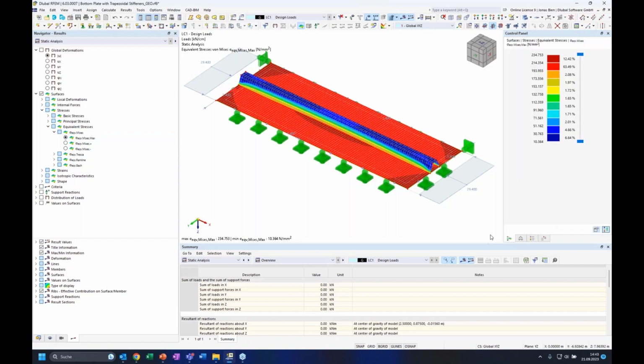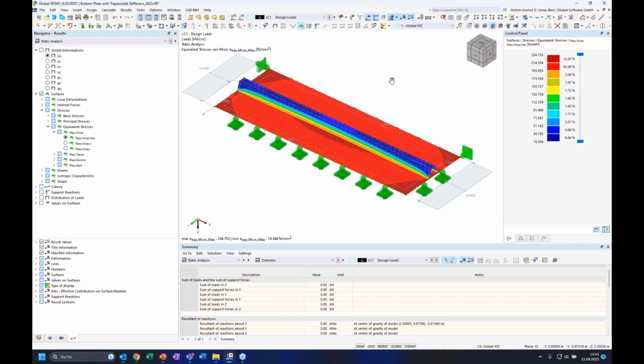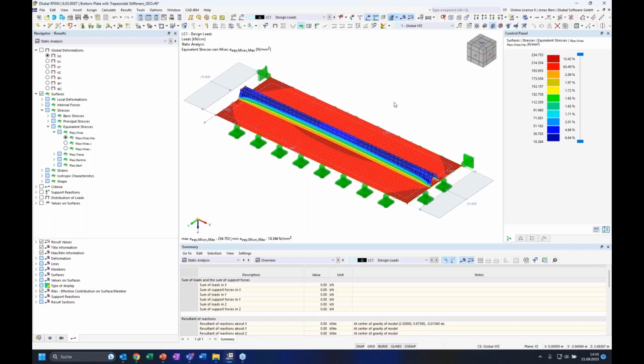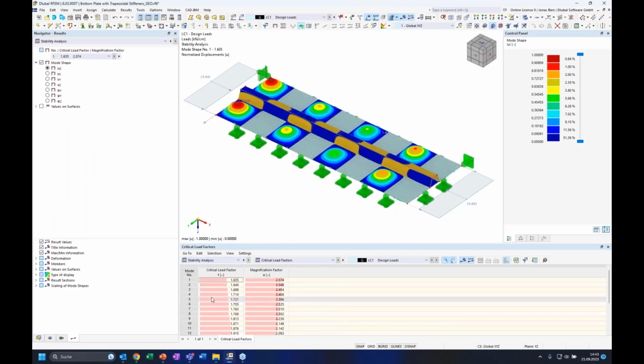The maximum von Mises stresses in our model due to the design loads are at 235 megapascals. So they are way below our yield stress of 355. In an elastic design, that would look totally fine. That wouldn't worry us. But what about the stability?